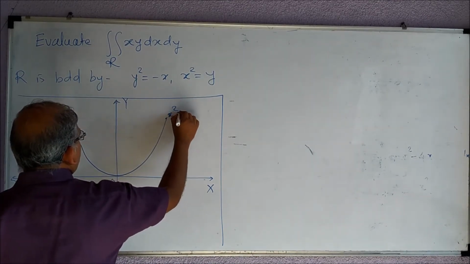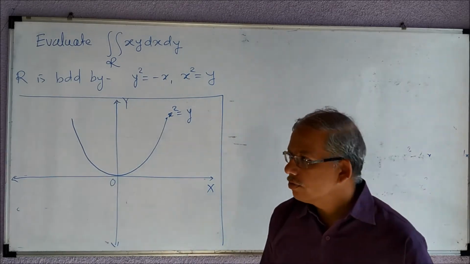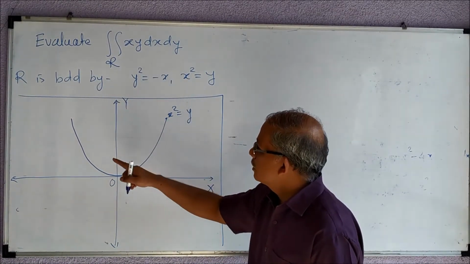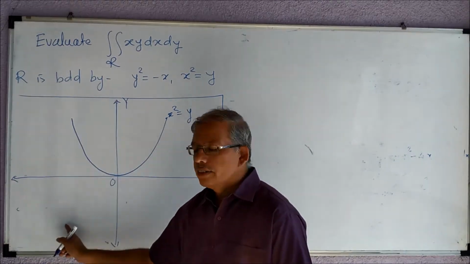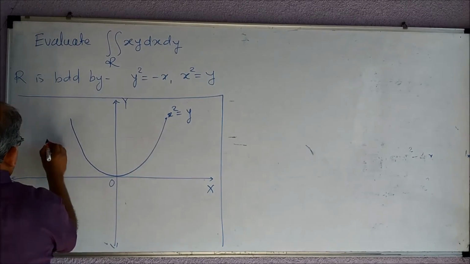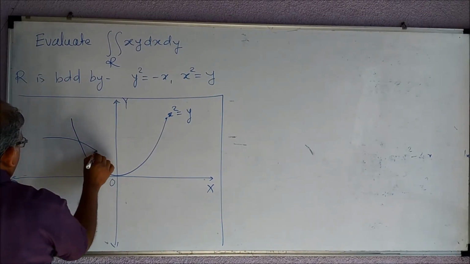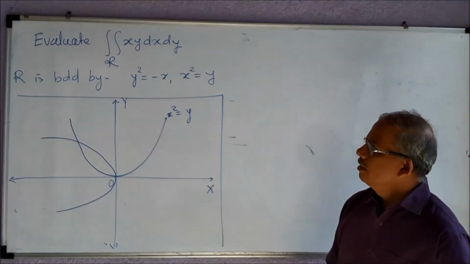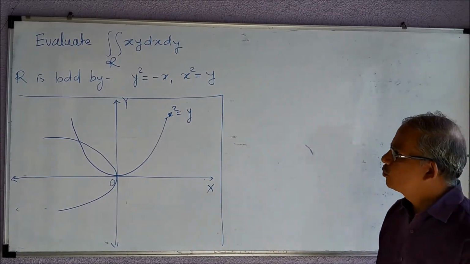This is x square equal to y, or y equal to x square, and the parabola y square equal to minus x is on this side. That is symmetric about the x-axis. Fine. So this kind of picture we have of two parabolas.